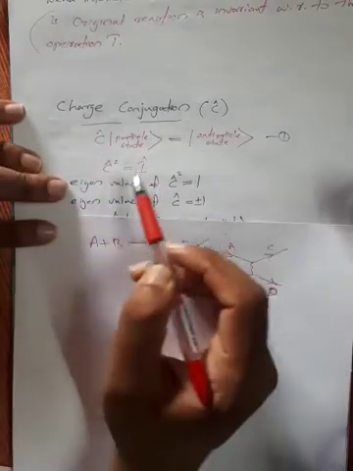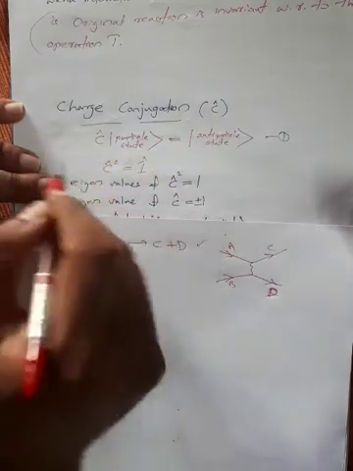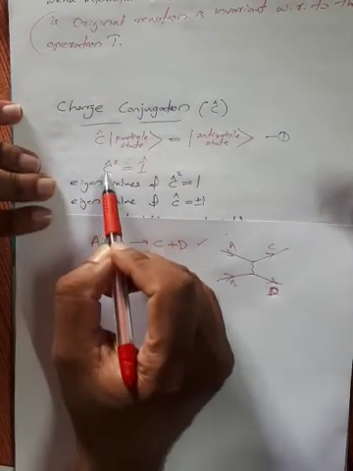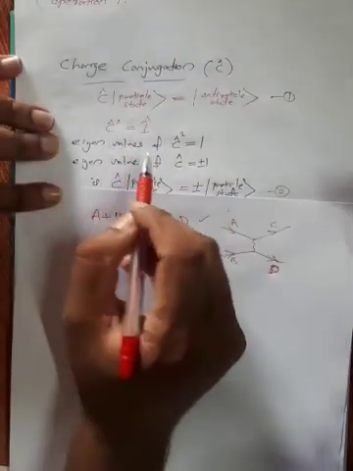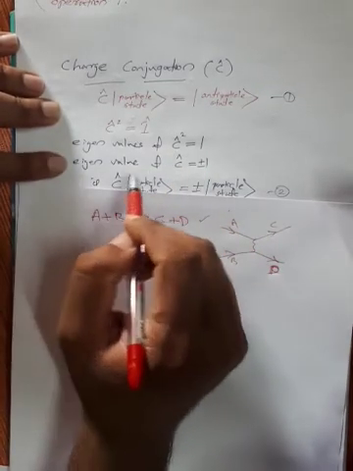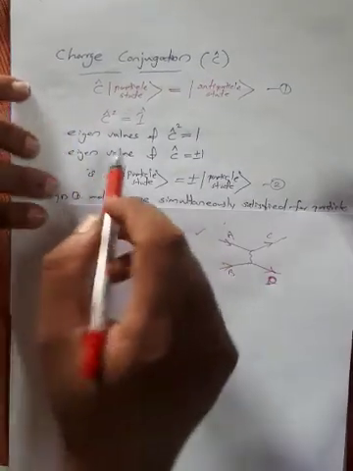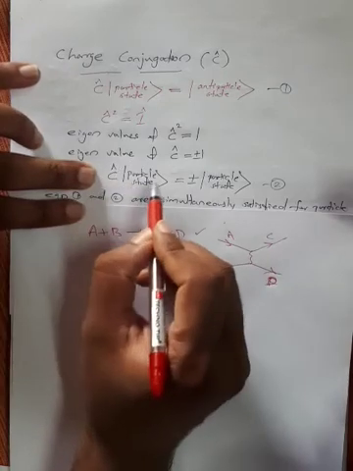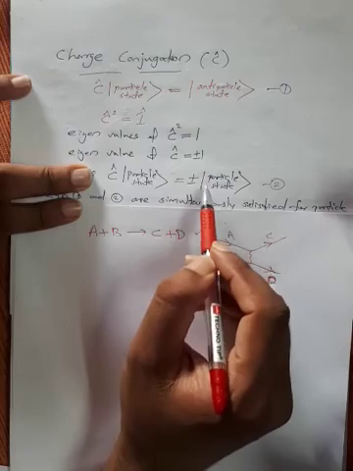Or you will get it if you apply one more C here on another state, then you will get C square is equal to I, and the eigenvalue of C square is equal to 1, and the eigenvalue of C is plus or minus 1. Or you can write the operator C acting on the particle state will give you plus or minus the particle state.